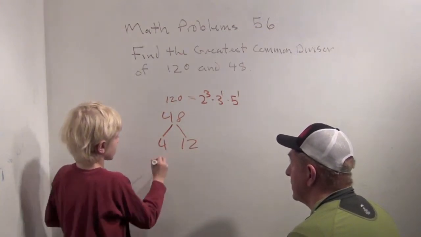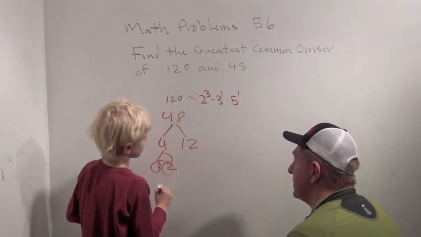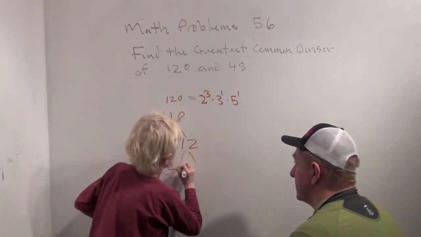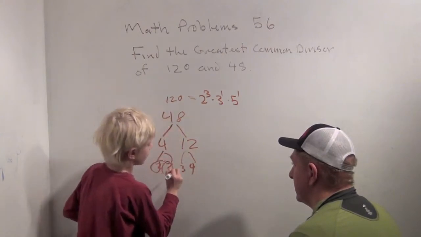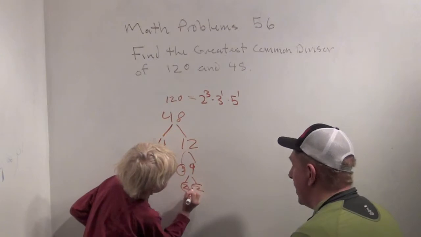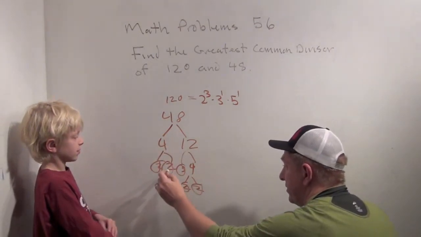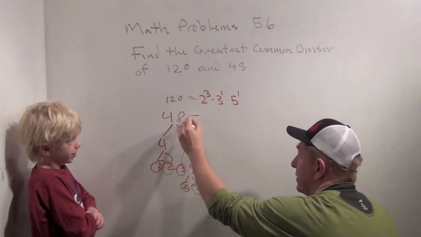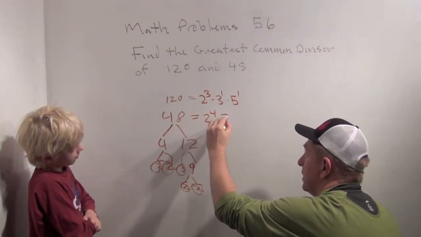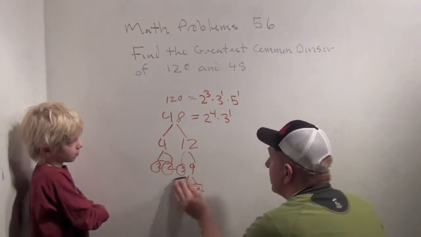Great. 4 is 2 and 2, and they're both prime. Now 12 is 3 and 4, and 4 is 2 and 2. So what does 48 equal? 2 to the 4th, so we got four 2's, times 3 to the 1.